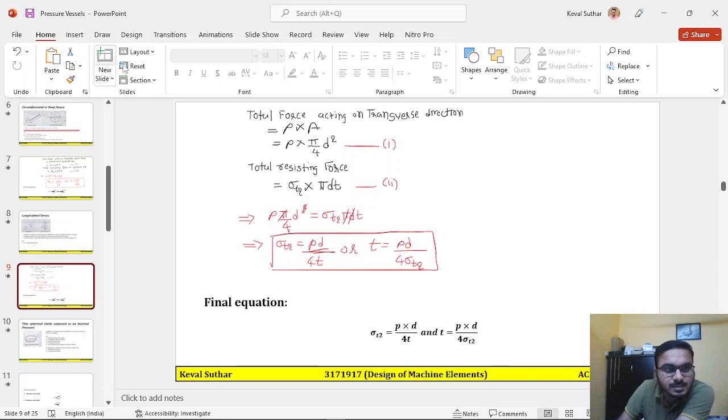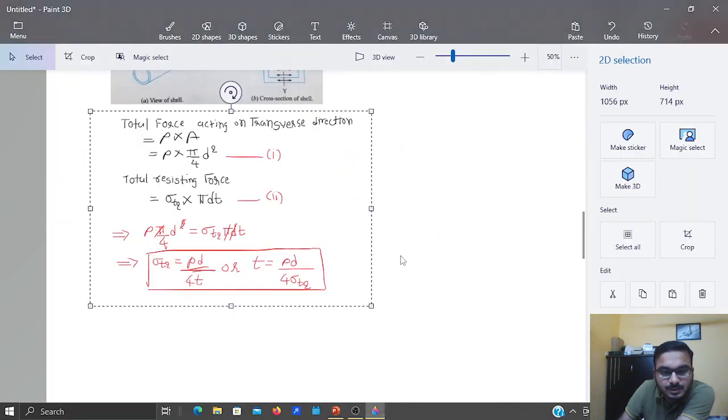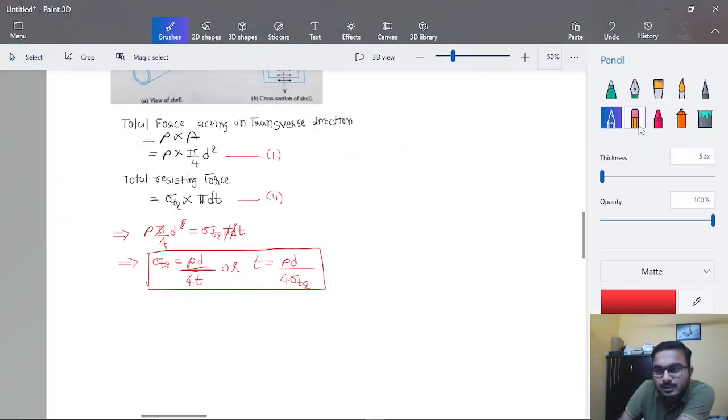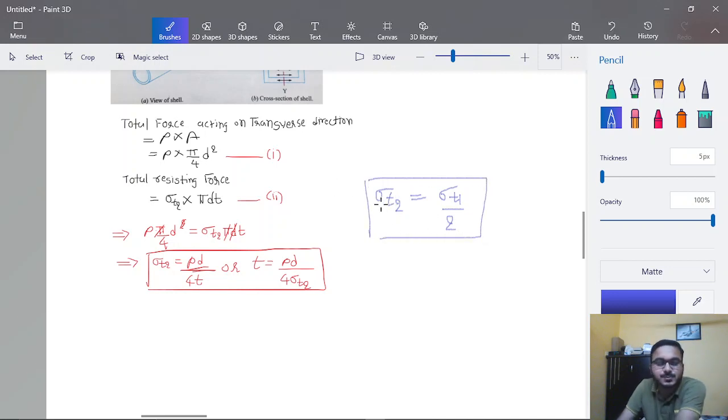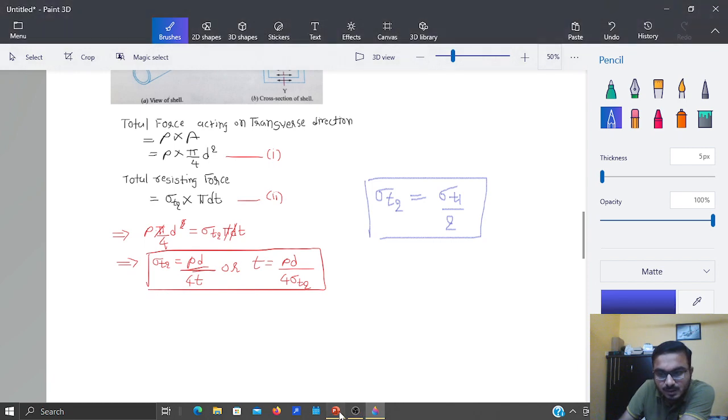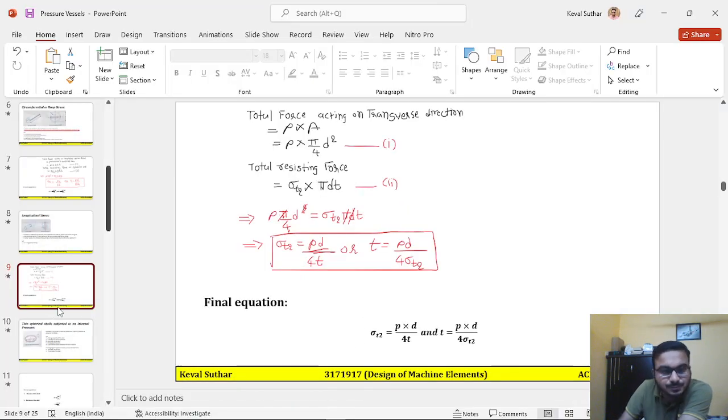So we can write over here, maybe as a part of conclusion for this lecture, that sigma T2 is equal to sigma T1 divided by 2. You can check it by yourself. So here we have discussed this portion.